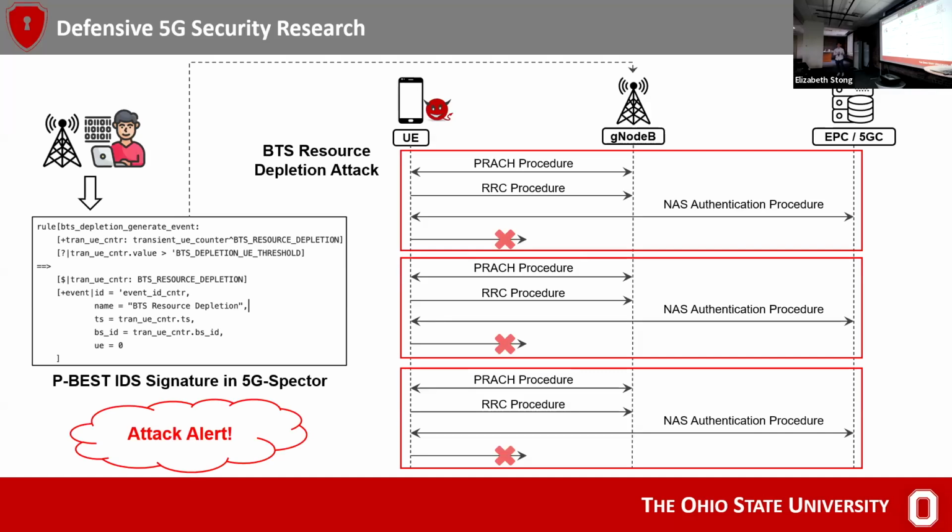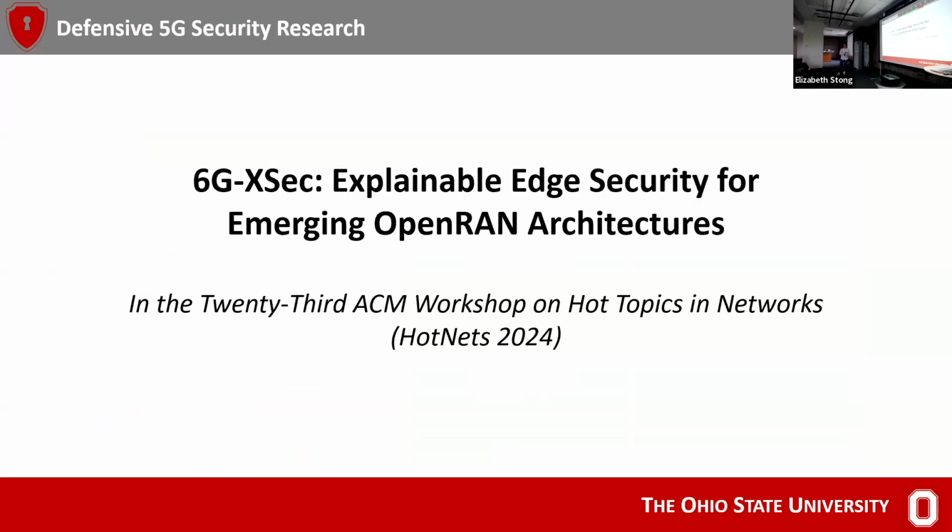That can be programmed as an IDS signature within 5G Spectre and deployed into the Open RAN as a third-party xApp detection service, so that it can trigger real-time attack alerts when the attack actually happens in practice. So 5G Spectre solved the problem of detecting known attacks with known signatures.